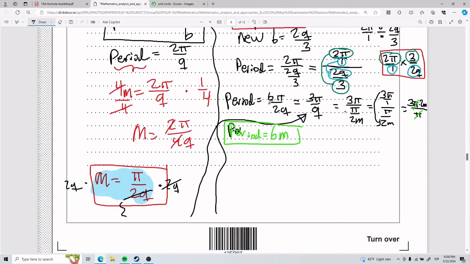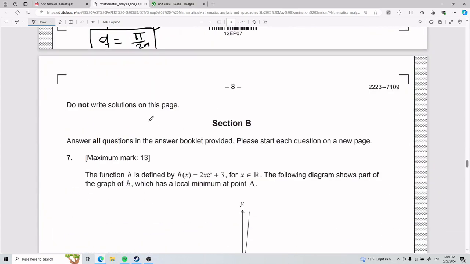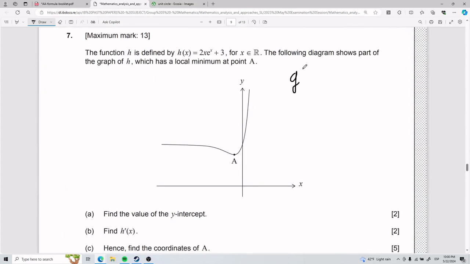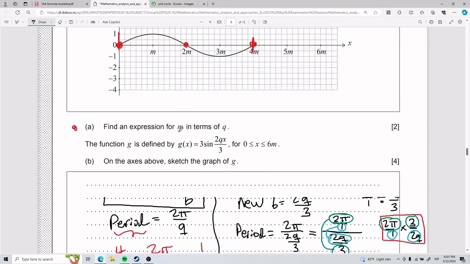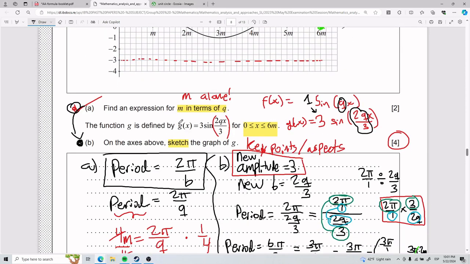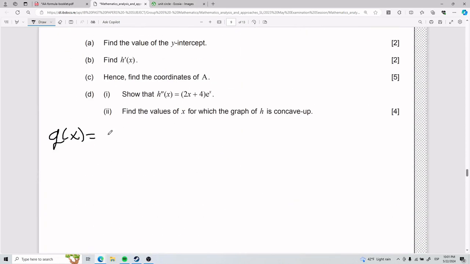So if you take g of x, you know that g of x from the exercise is 3 times sine of 2πx divided by 3.